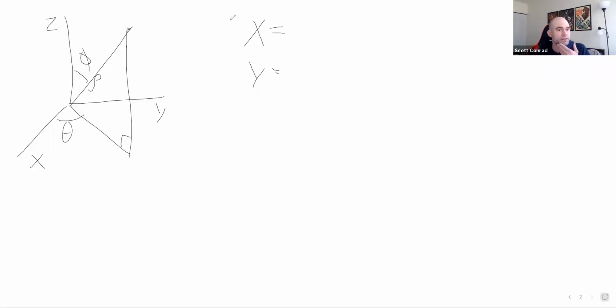So we don't have r in spherical, but we can find what r is in relationship to rho and phi to memorize what x and y are. So the distance of our point to the origin is rho. R, remember, you project down to the xy plane and look at the distance of that projection to the origin. That is r.